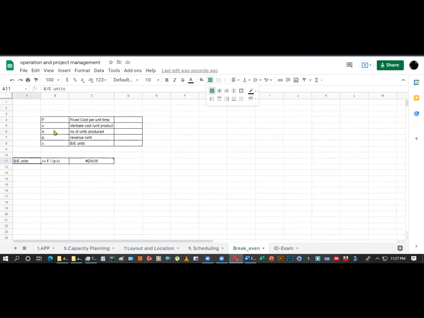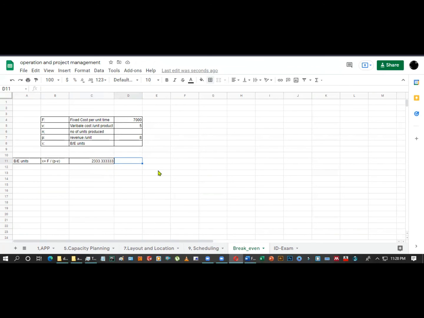Suppose we have a product whose fixed cost is $7,000 and variable cost is, suppose, $5 per unit, and revenue per product is $8 per unit. So as you can see, we get the break-even unit.